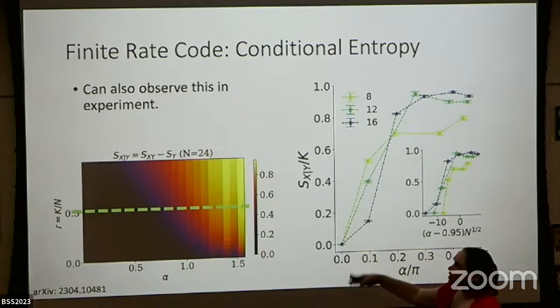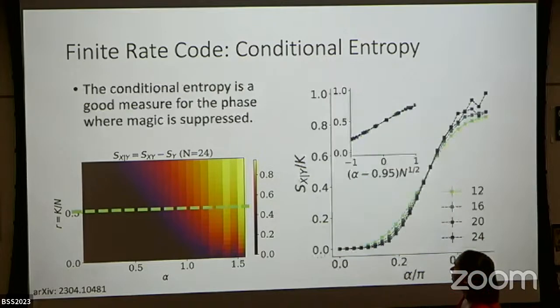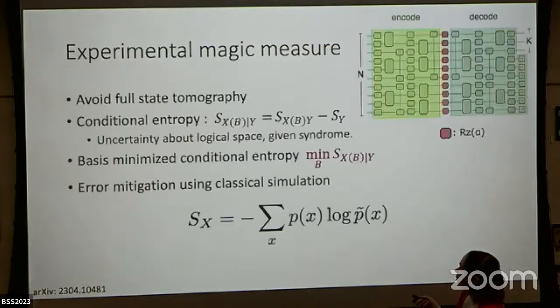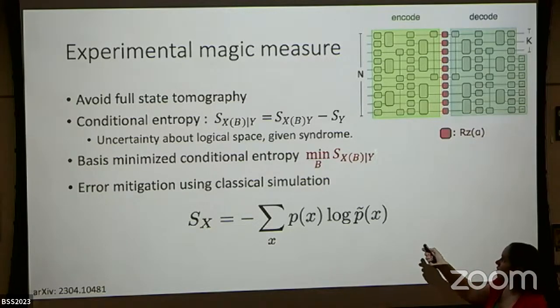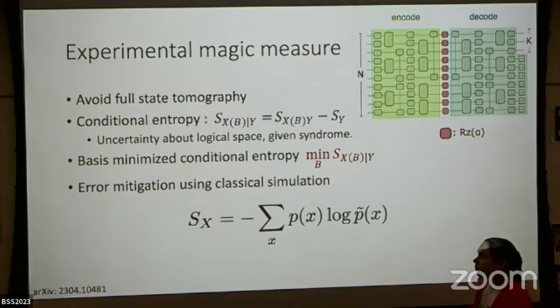We're conditioning on the syndrome outcome in order to calculate this entropy. So this is conditioned on this syndrome outcome. How many sizes do you do?